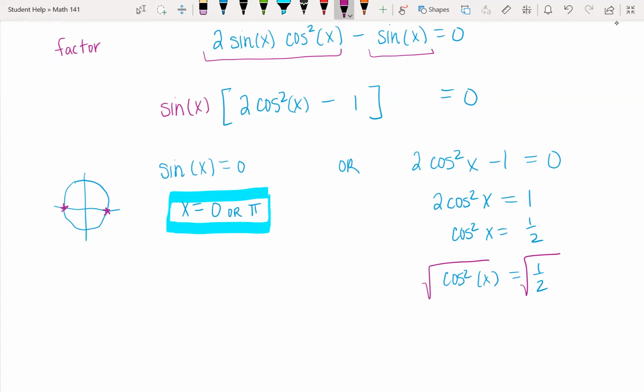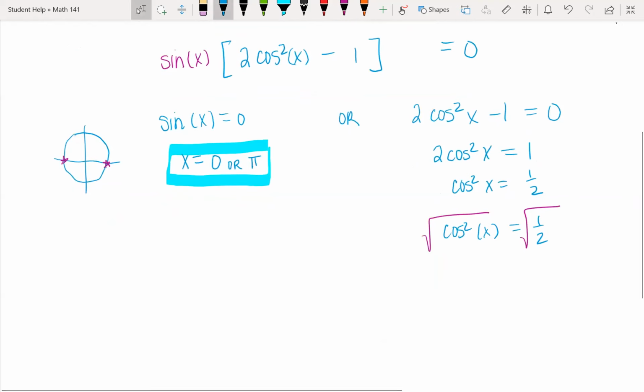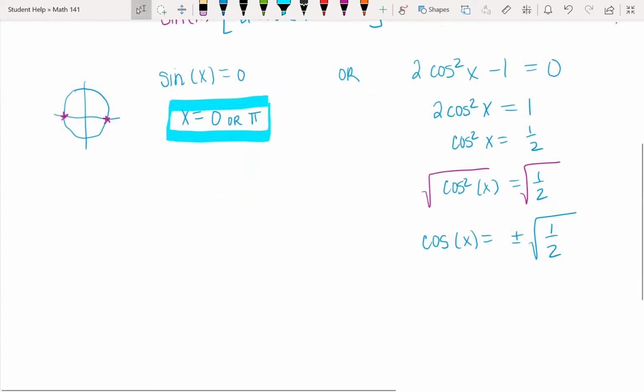And when we do this, we have to remember to put a plus or minus for the value of the number. So the cosine of x is plus or minus the square root of 1/2. Now, if you plug this into your calculator or try to simplify it, what it's going to tell you is that this ends up being square root of 2 over 2.